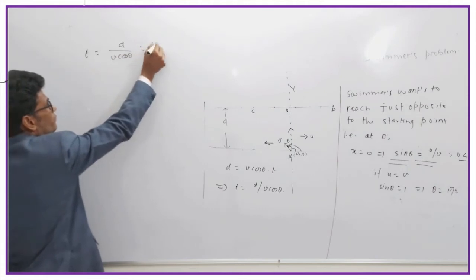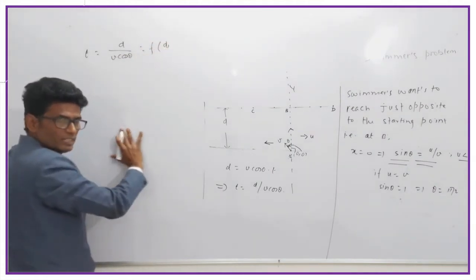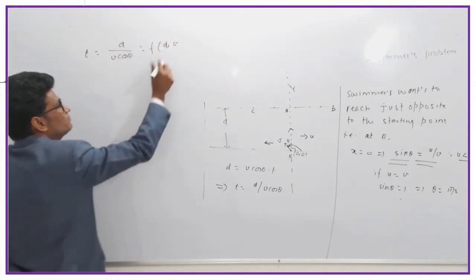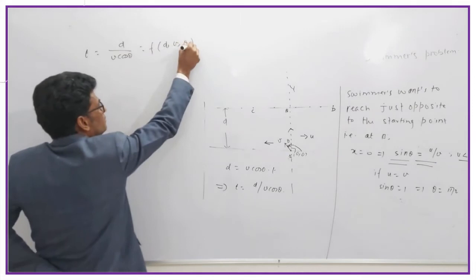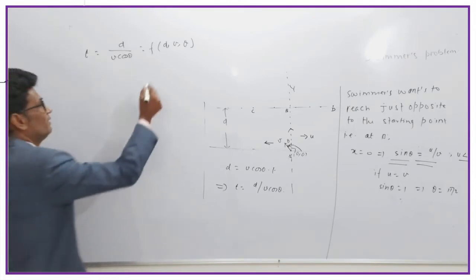So it is a function of d, the width of the river, supposed to be constant like an ideal river; v, the speed of the swimmer; and theta, the angle at which the swimmer wants to swim. It is a function of three variables.